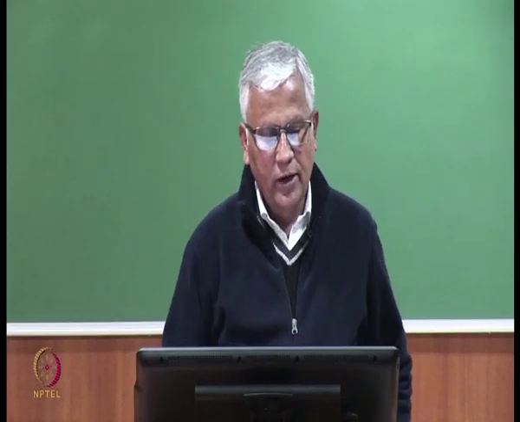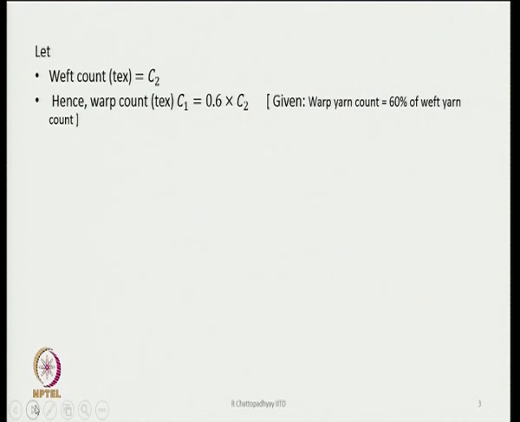Let the weft count be C2. Therefore, the warp count is going to be 60% of it, 0.6 into C2. Weft yarn diameter is D2 and warp yarn diameter is D1. We are not sure what the diameters of the two yarns are. We do not know what the count is also.